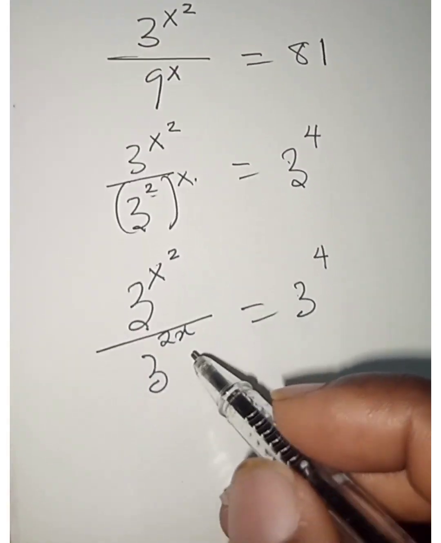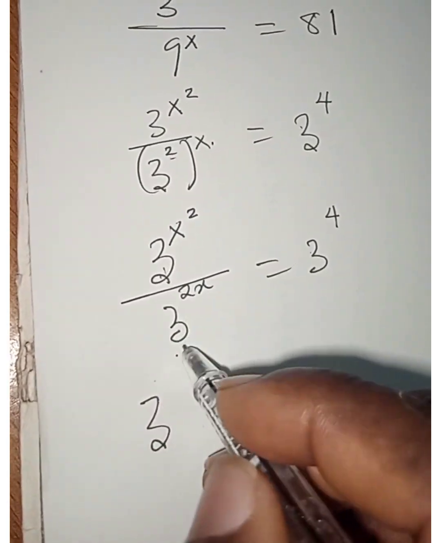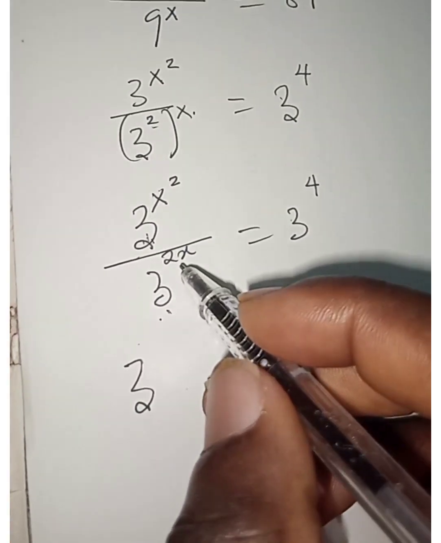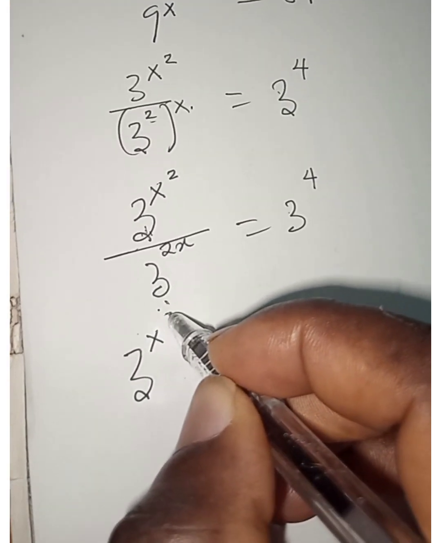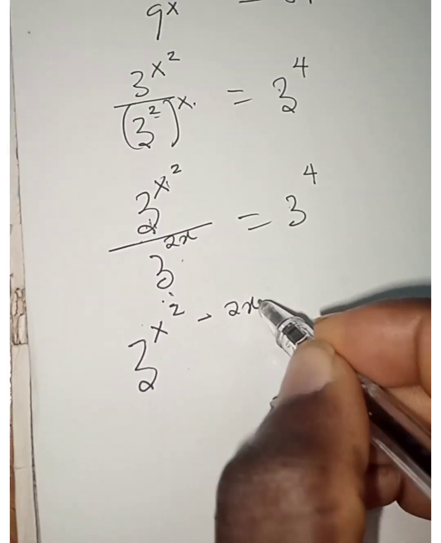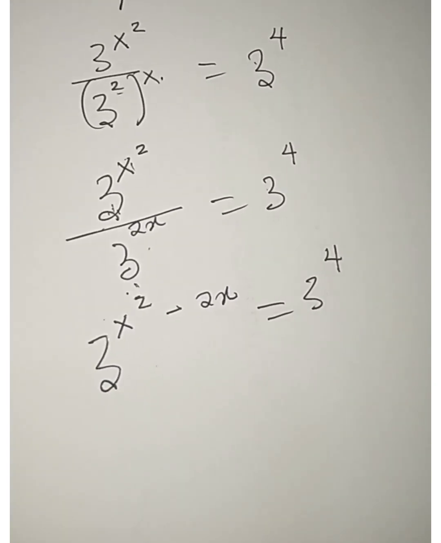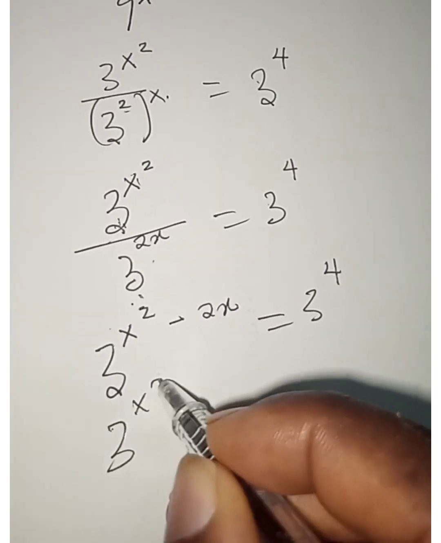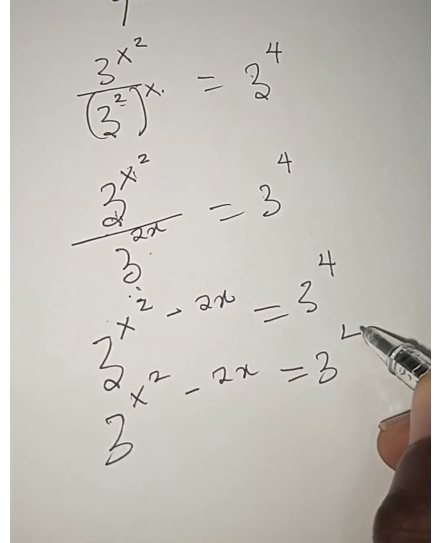Since the bases are the same and we are dividing, from the rules of indices we subtract the powers. We have 3 raised to power x squared minus 2x equals 3 raised to power 4.